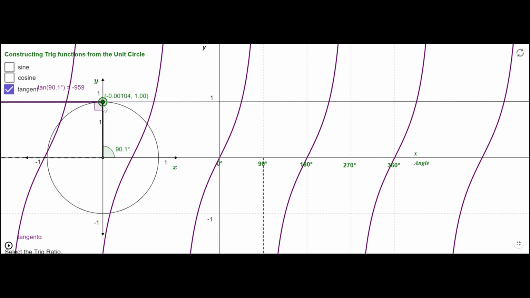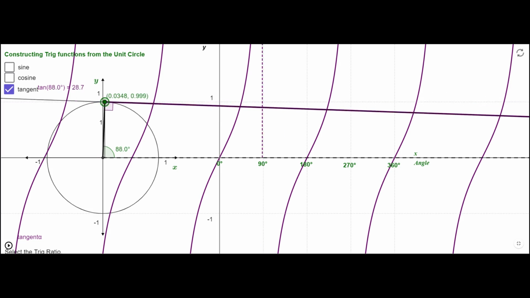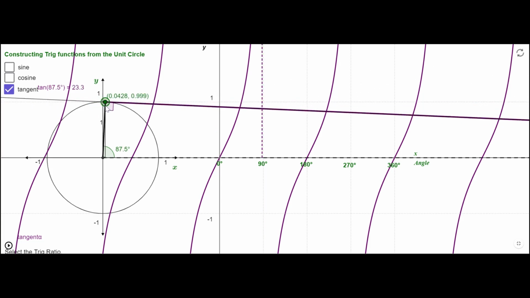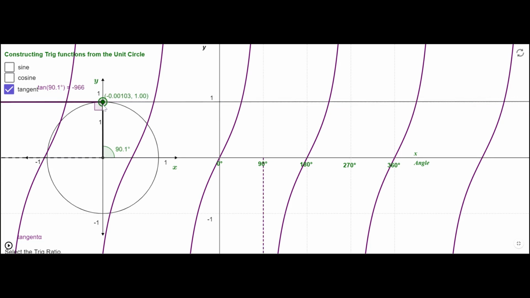And why is that, Great Danes? Because the tan ratio is opposite over adjacent, and in this case, our adjacent, our x value by 90, is equal to 0. Remember, we can't have a fraction where the denominator is equal to 0. So it makes it undefined. It is a math error.